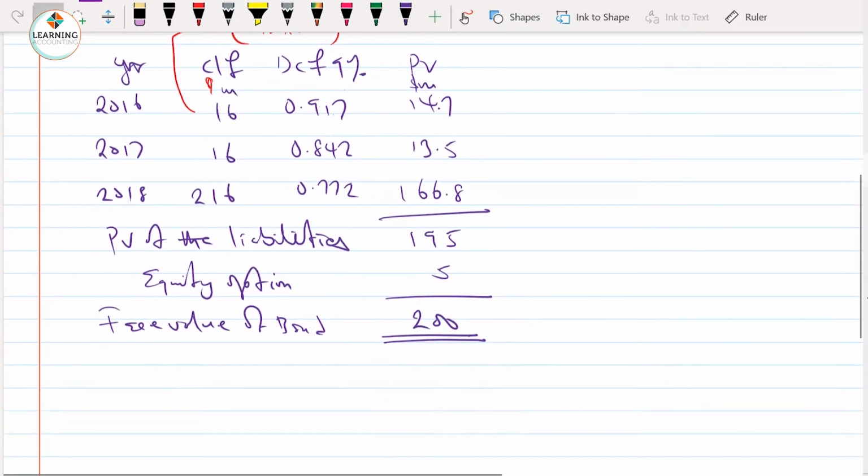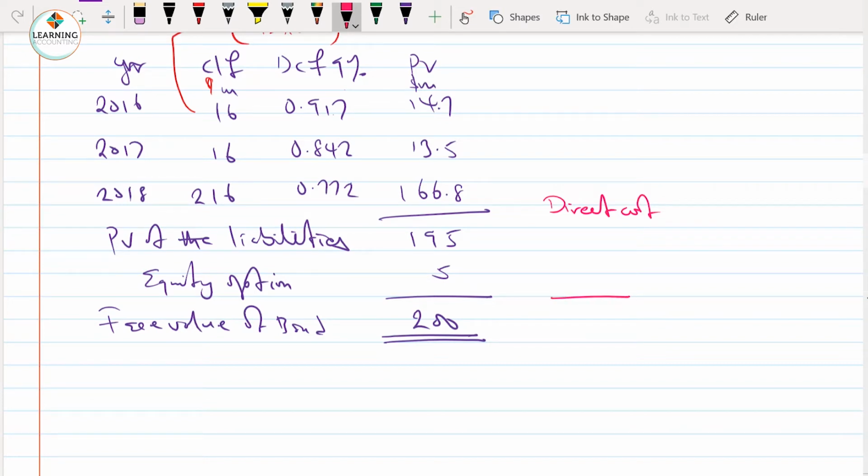Now we have the direct cost. Let me drop it somewhere here with a different color of marker. Direct costs are costs that are directly attributable to the instrument, and depending on the nature of the costs, each has its treatment. For a debt instrument, we are supposed to deduct the direct cost from the face value of the instrument.